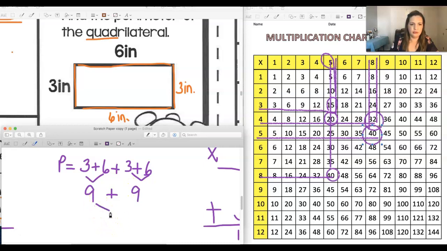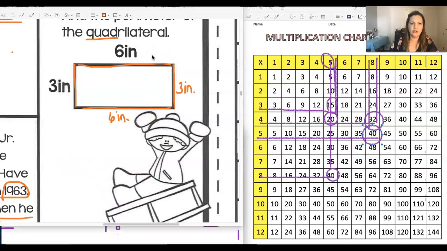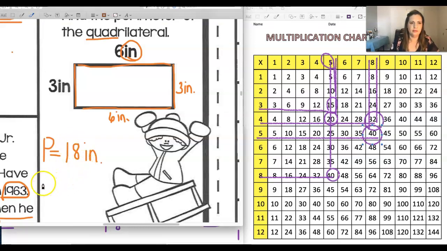Then I just have a double. 9 plus 9 equals 18. My perimeter equals 18. You must say the units, inches. So I'm going to write the perimeter equals 18 inches.